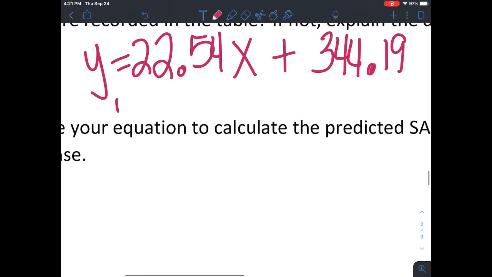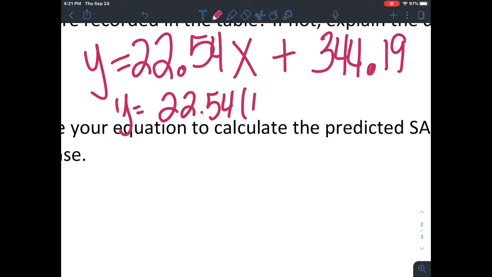So we'll plug in 14 for x. y equals 22.54 times 14 plus 344.19.